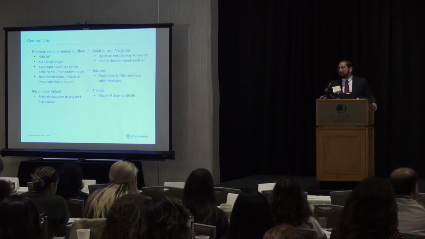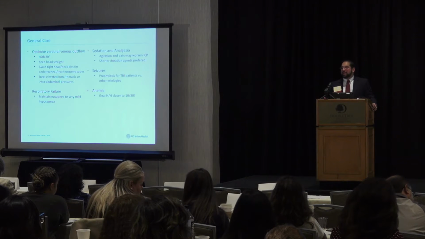This is the one case where we also, sometimes we will look at, and we don't have good data for this, but we tend to do it, aiming for higher hemoglobin goals than are typically maintained in other ICUs. The idea is you raise the intra-oncotic pressure, and that will help drag fluid away from a damaged brain and out into the blood vessels so that they can be diuresed out. There isn't great data behind this, but this is something that's often employed, and we will use higher goals than normal for other ICUs.